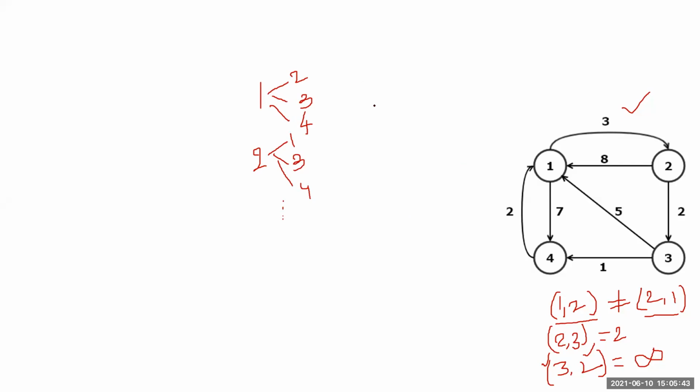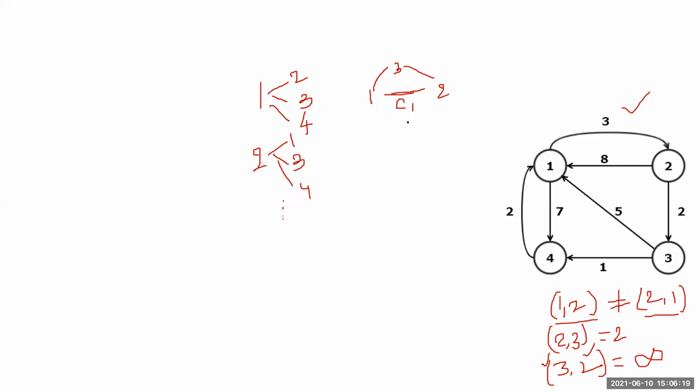And sometimes, from 1 to 2, there might be a direct edge. Let us consider the cost of this one as C1, cost 1, for example. And sometimes there might not be a direct edge from 1 to 2, so there is an intermediate vertex through which you can reach vertex number 2.